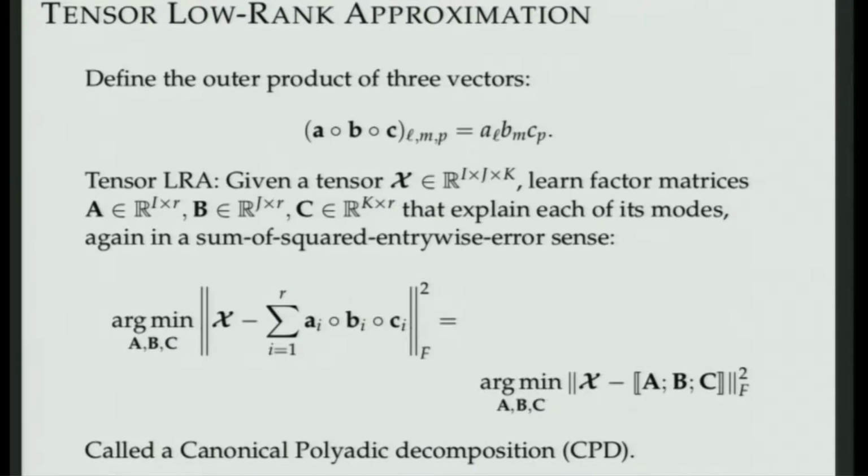So there the problem is to find three R vectors, A, B, and C, so that A gives a good summary of what's going on in the columns of X, B gives a good summary of what's going on in the rows of X, and C gives a good summary of what's going on in the third mode fibers of X. Okay, and we want to minimize this sum of squared errors. So this particular low-rank approximation is called the canonical polyadic decomposition, or the CP decomposition.